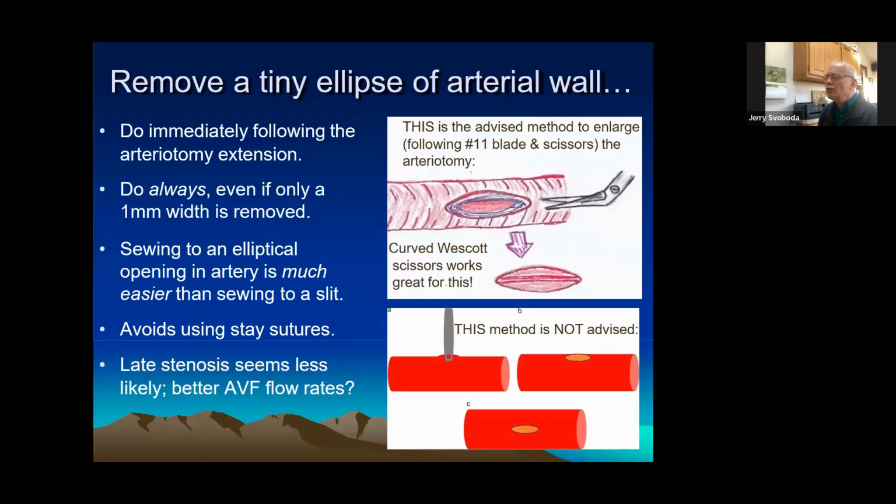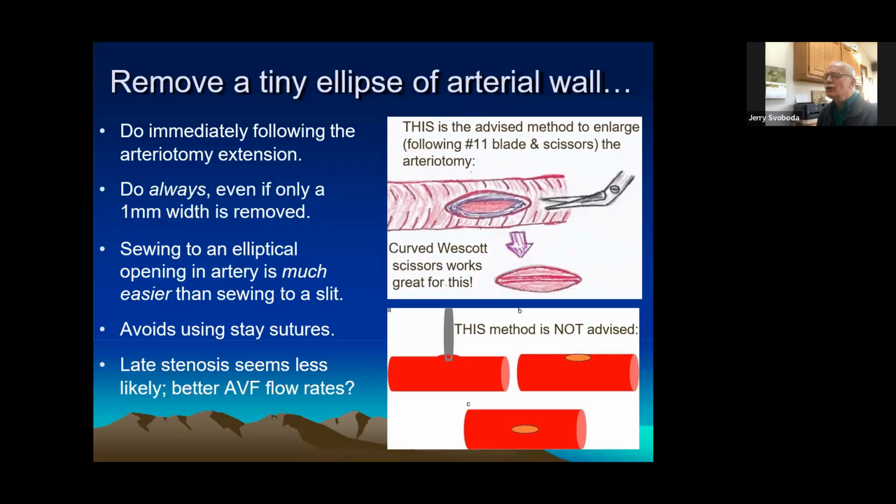You want a smooth border to the arteriotomy. The method shown in the lower picture, where you grab the artery and snip off a piece to make the elliptical arteriotomy, I would not advise it. Sewing to an open ellipse arteriotomy is much easier than sewing to a slit.